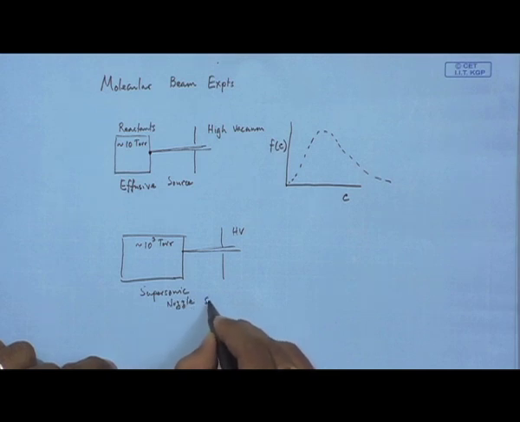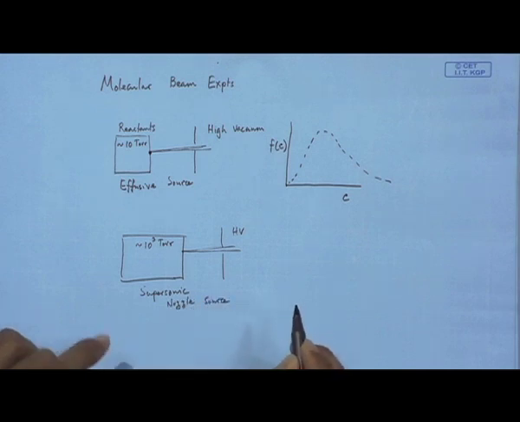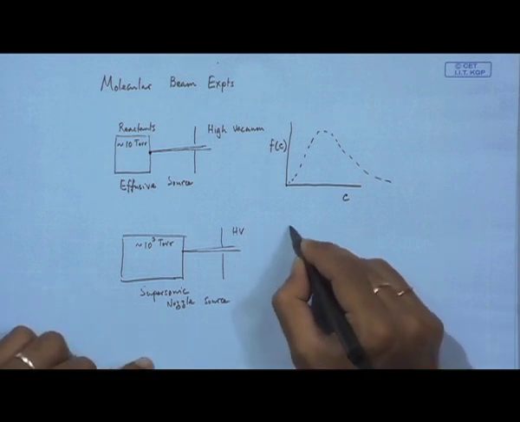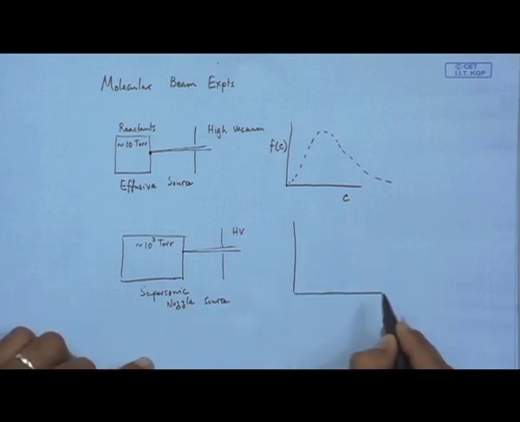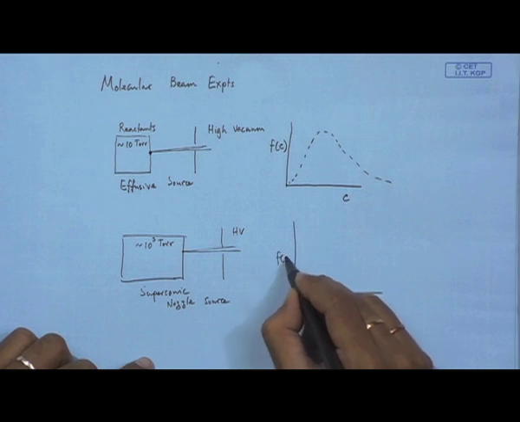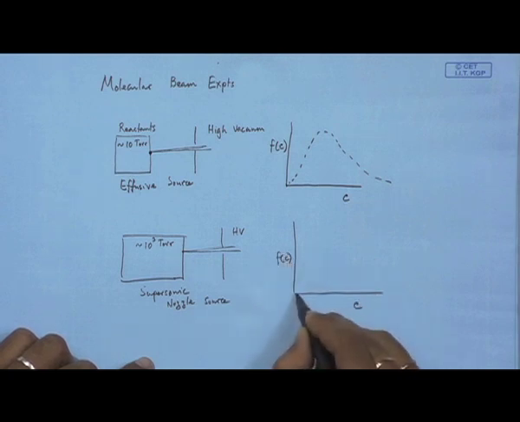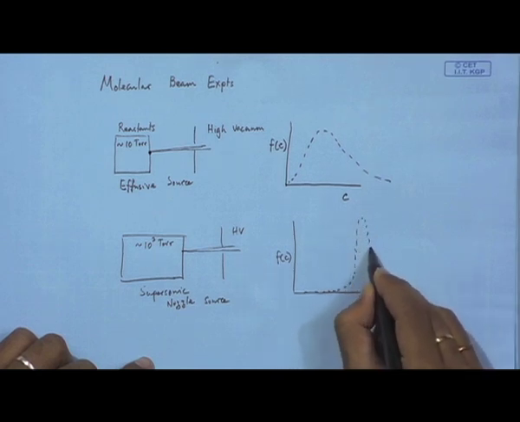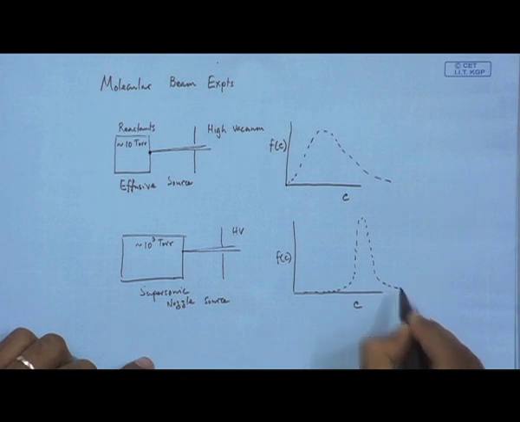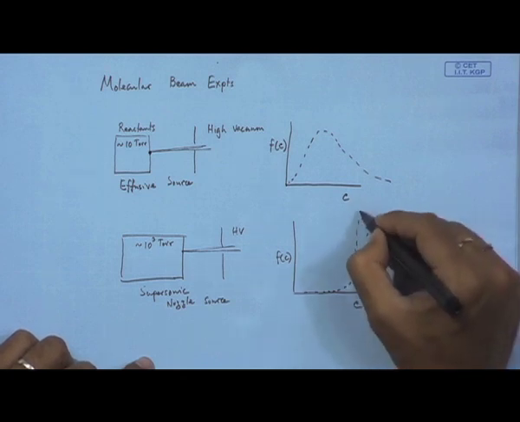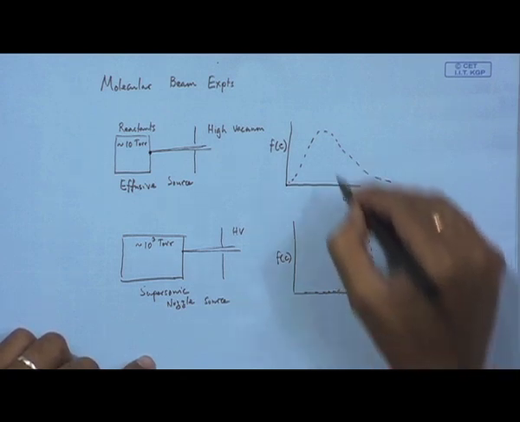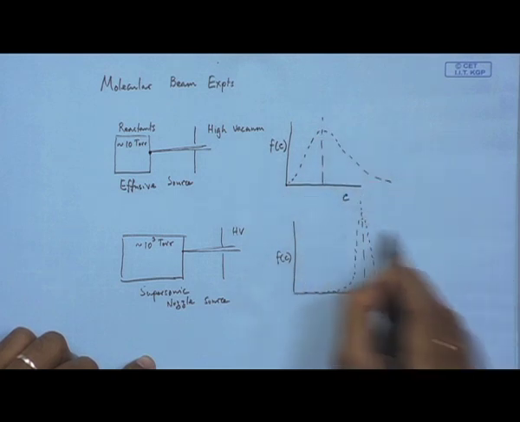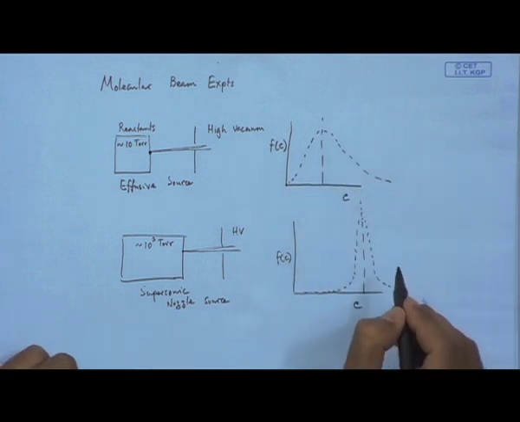Nozzle source. And your distribution, f(c) versus c, will be more shifted in this region, and it will be narrower. Okay, it will be narrower, but you see this one and that one, it is more shifted to this direction.